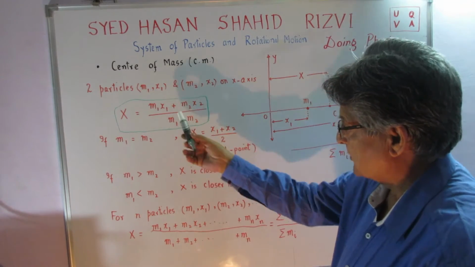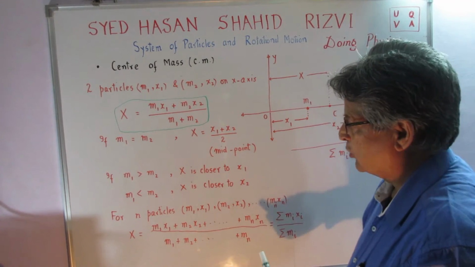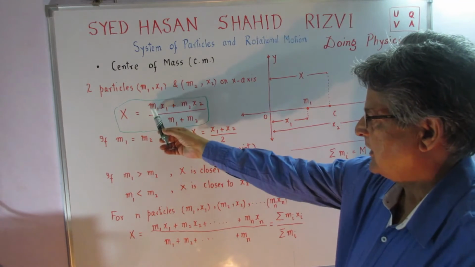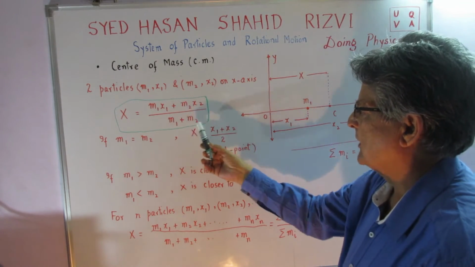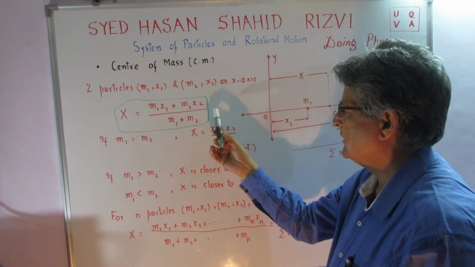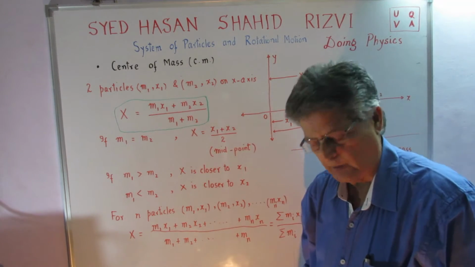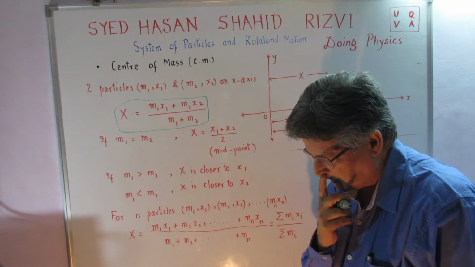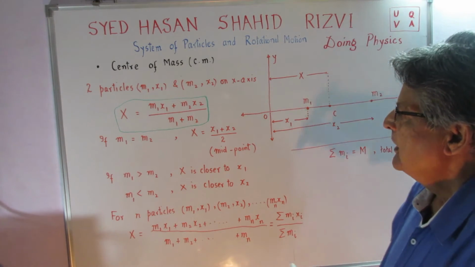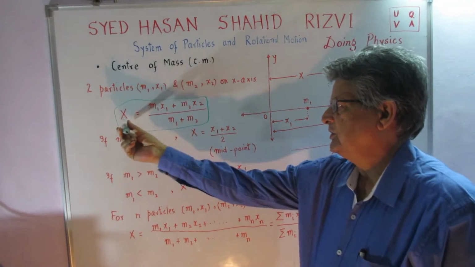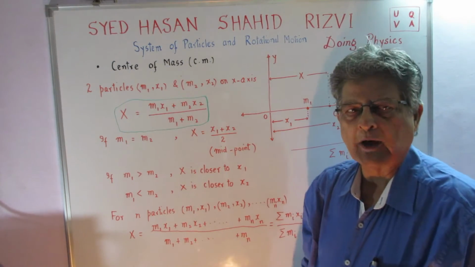So x1 becomes common. Make a quick calculation, and I get m1 plus m2 into x1 divided by m1 plus m2, and they cancel out, and it again turns out to be equal to x1. So by extension of logic, we say that this definition appears to be okay.